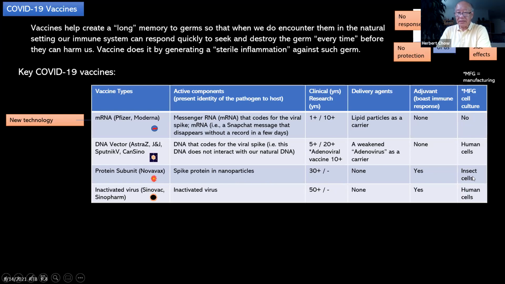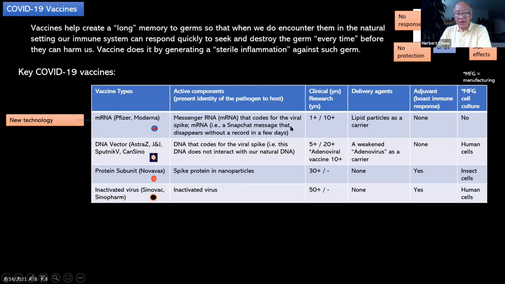Here, the messenger RNA vaccine is the simplest. It doesn't have adjuvant, doesn't have a fancy carrier. It also doesn't require any cells to grow any part of the vaccine. So this is really the simplest form of vaccine and the most modern vaccine concept.